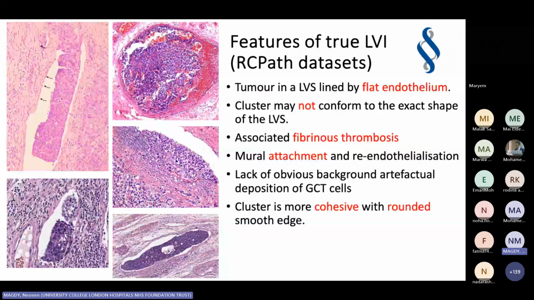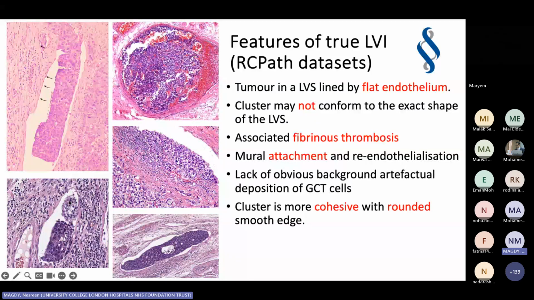There are some features listed in the Royal College datasets as features of true lymphovascular space invasion, which are the presence of a tumor group within a lymphovascular or vascular space that is lined by flat endothelium.